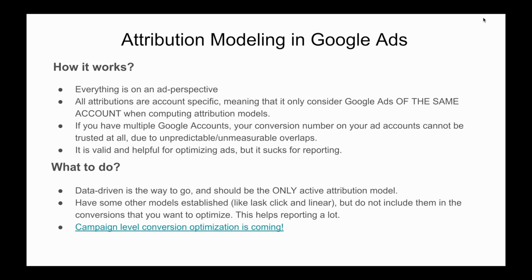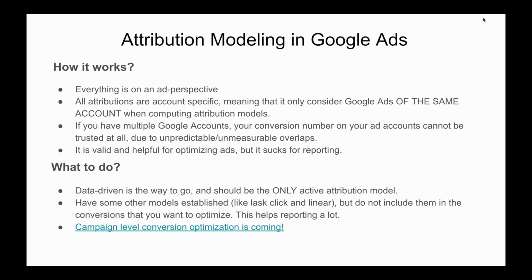So what are you using it for? The crucial part of the Google Ads conversion model is that it is used for smart bidding and sometimes optimizing your ad delivery. So you want to use a model that's as sophisticated as possible when you are setting your conversion goals. And with that, data-driven is the way to go.